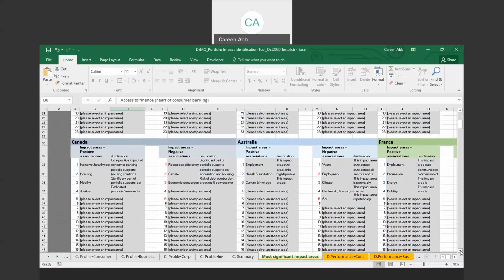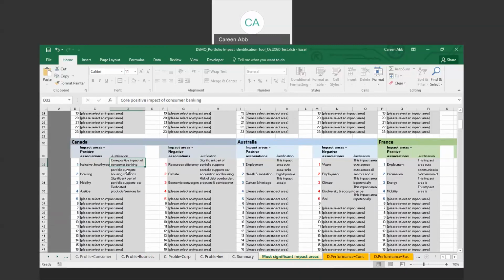If we look, for instance, at an example, here we can see under consumer banking, inclusive and healthy economies is one of the most significant impact areas, and the justification has been included here regarding the fact that this is a core positive impact of consumer banking by virtue of its very nature.